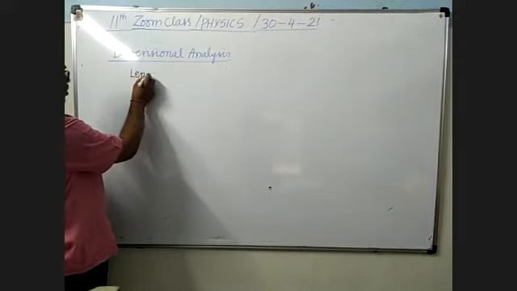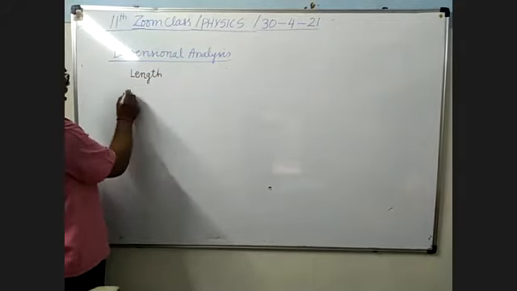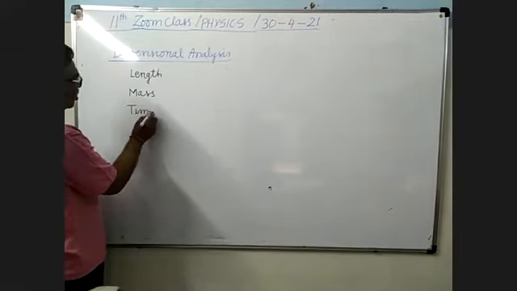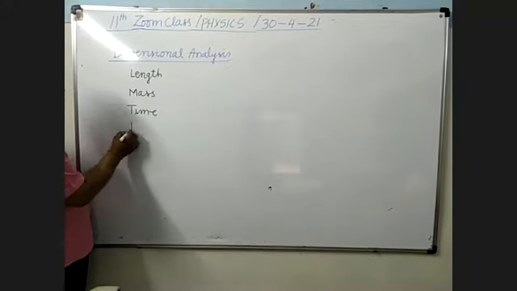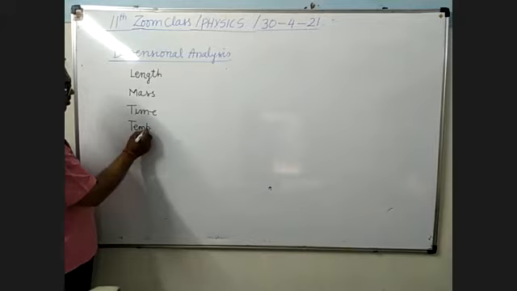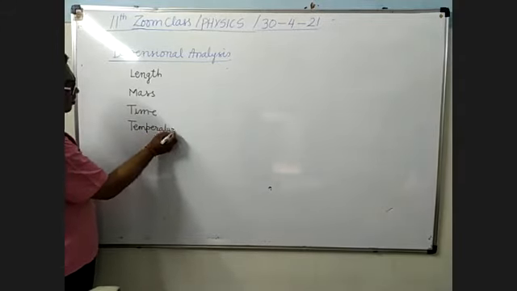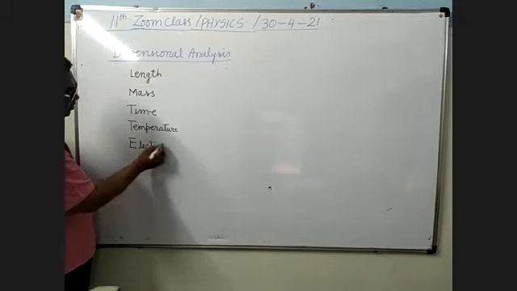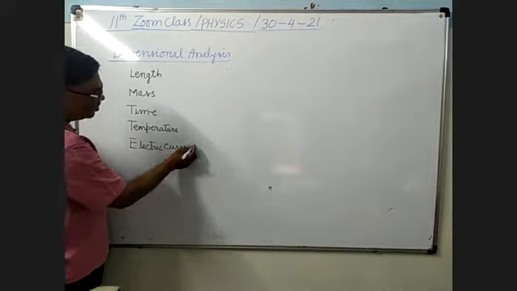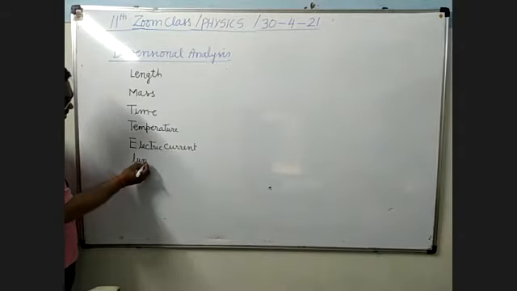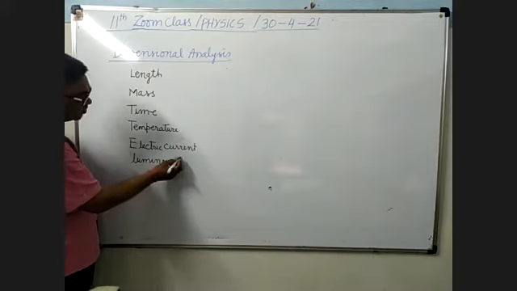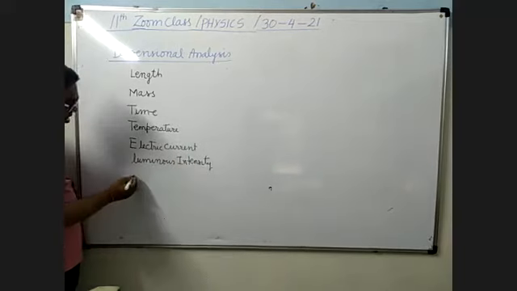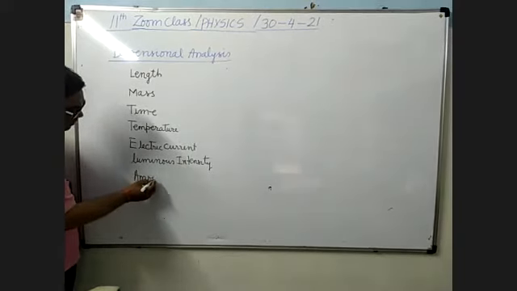Length, then mass, then time, then temperature, electric current, luminous intensity, then amount of substance.